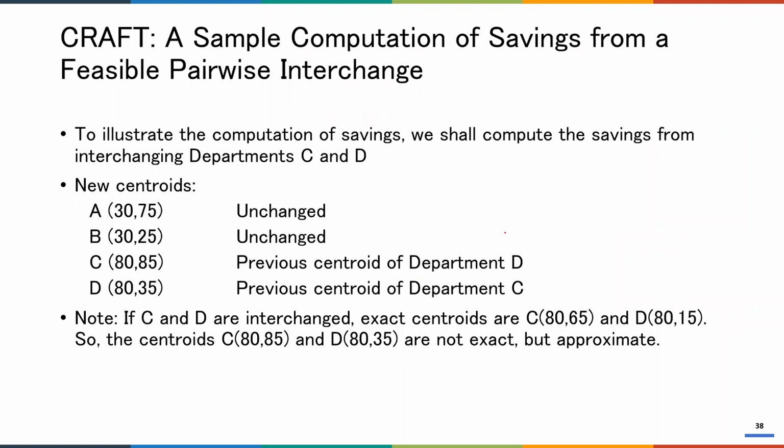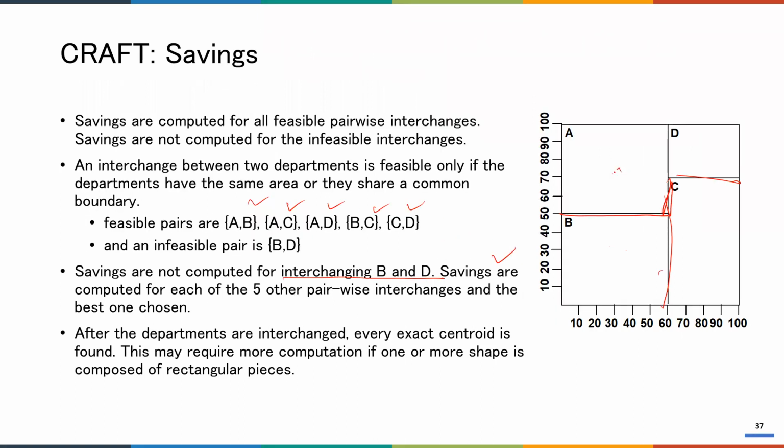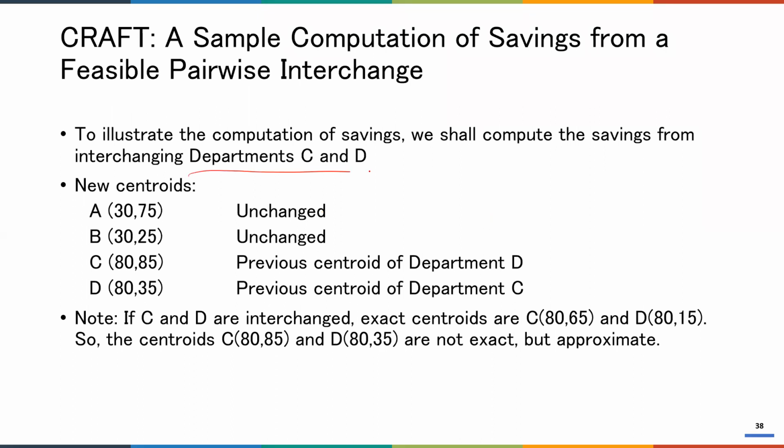How we compute it is by having a new centroid. This should be the initial centroid, right? And then we try to exchange departments C and D, so it becomes like this. If this is A and this is B, then C becomes here and D is here.